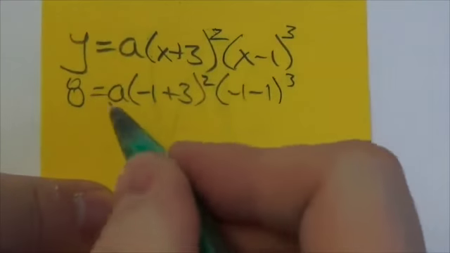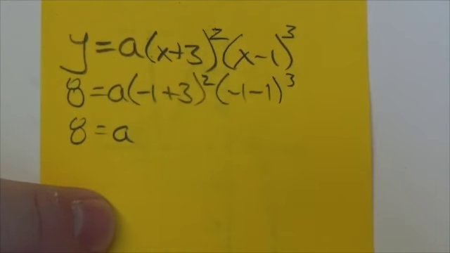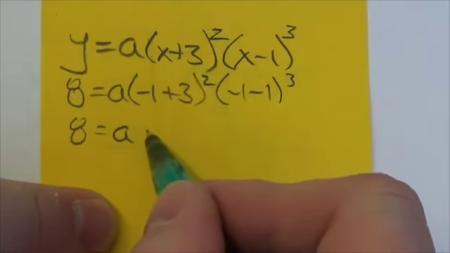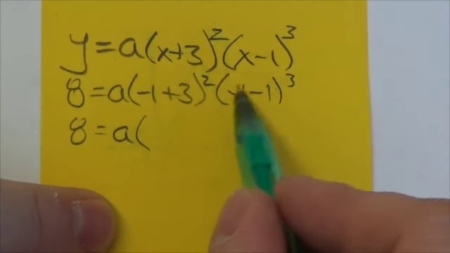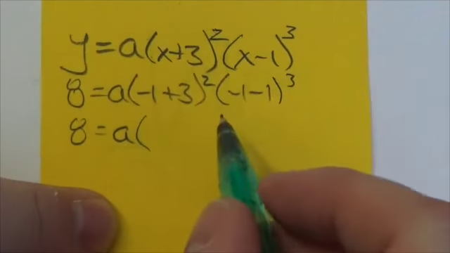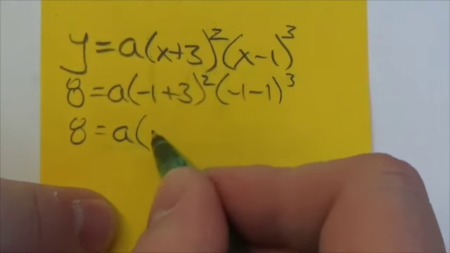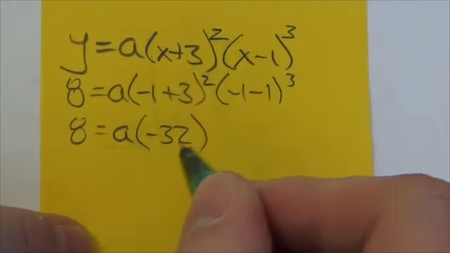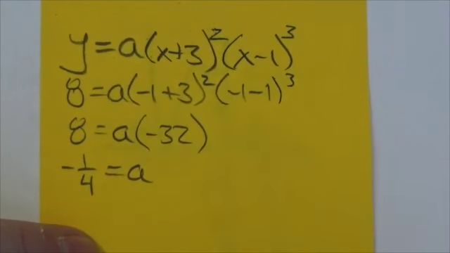Now I just evaluate. -1 plus 3 will be 2, squared is 4. -1 minus 1 is -2, cubed is -8. So 4 times -8 will be -32. When I divide, I'll get -1/4 is equal to that a value, that vertical stretch.